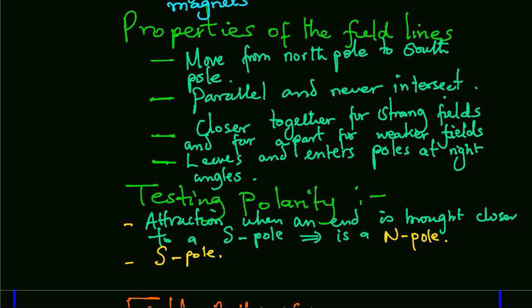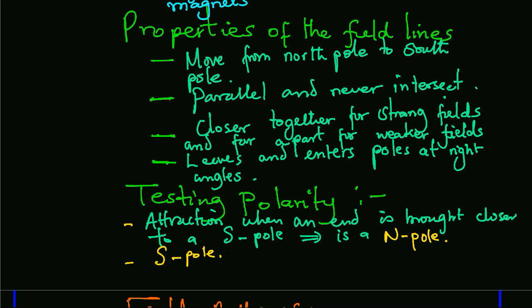However, in determining the polarities of a magnet, it is important to note that attraction will always occur between a magnet and any other magnetic material, even if it is not magnetized.